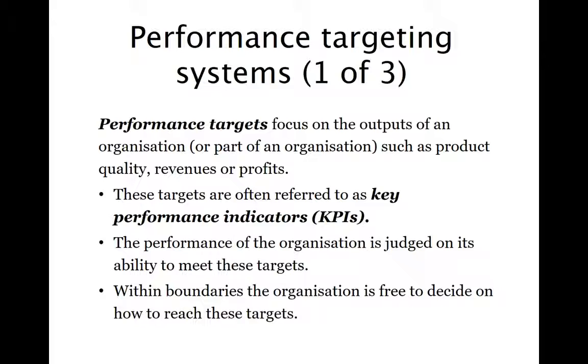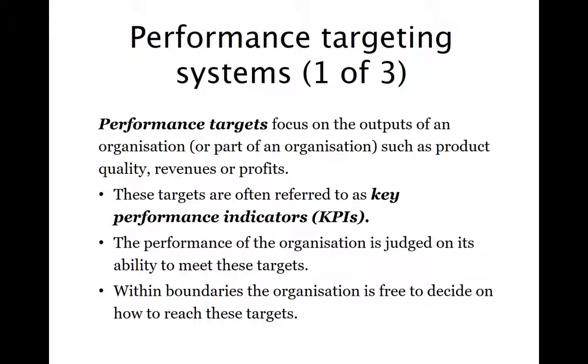Performance targets, of course, focus on outputs, key performance indicators. We set targets, we set indicators to measure and manage outputs, to manage behaviors through measuring outputs, so that we don't need to pay that much attention to single behaviors.